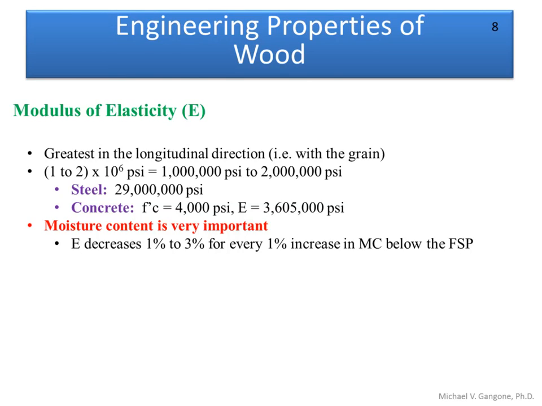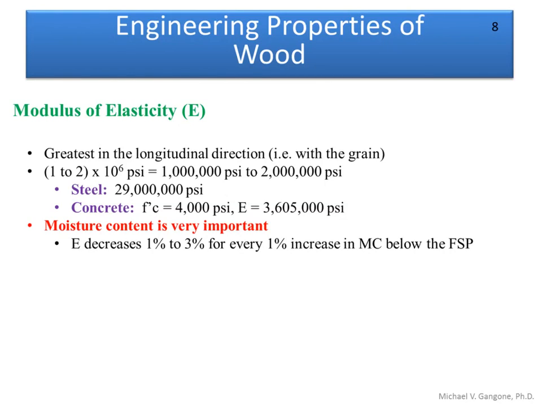So the modulus of elasticity is greatest in the direction of the fibers. It's somewhere between 1 million and 2 million psi. Compare that to steel and concrete, it's much lower. So wood is typically not as stiff as concrete and steel.